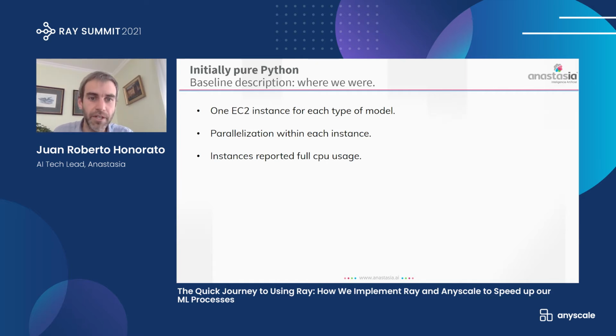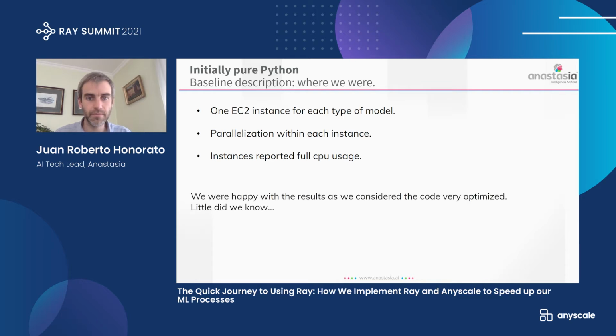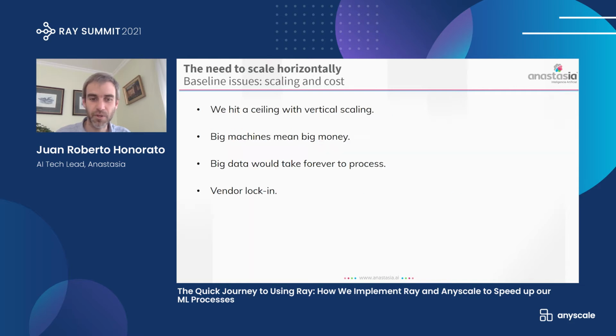After a number of iterations, we were able to get the CPU usage that the instances were reporting to be at their fullest. We were pretty happy with those results. We considered the code very optimized, but we would then find out that it was not so.